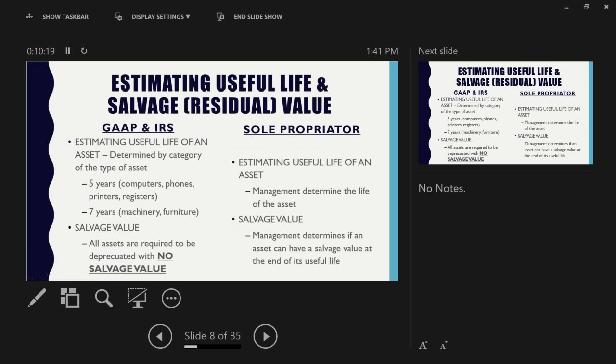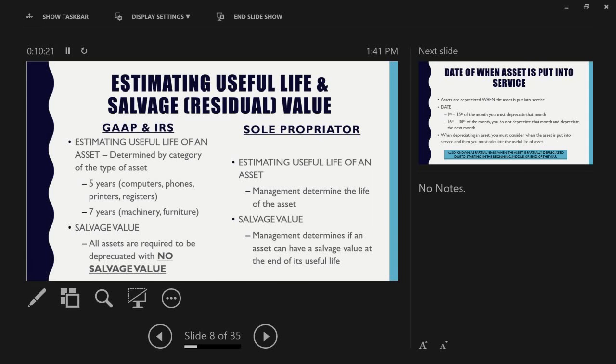Next section is going to be estimated useful life and salvage value. I pieced these two together because they kind of go hand in hand together. Now, there are two ways you can determine the estimated life and the salvage value.